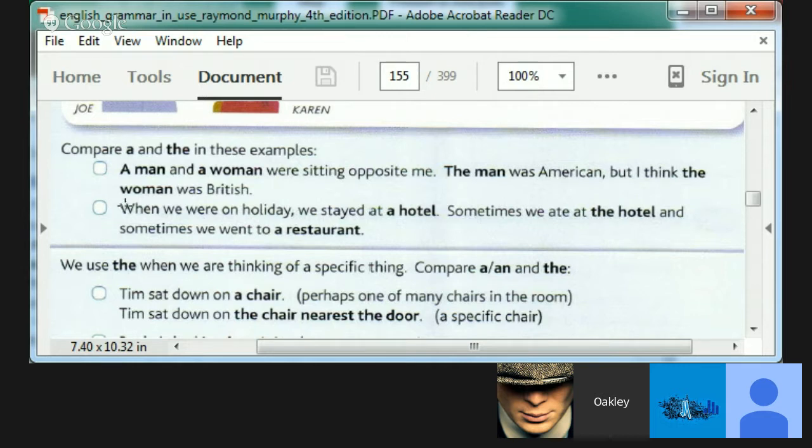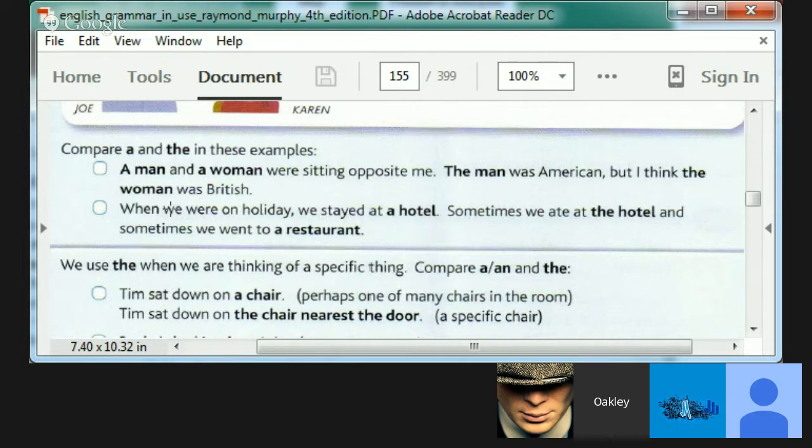All right. Next one. When we were on holiday, we stayed at a hotel. Sometimes we ate at the hotel. Sometimes we went to a restaurant. So in a normal, progressive conversation or written telling a story, either way, you're going to constantly be bringing up new information or new nouns.